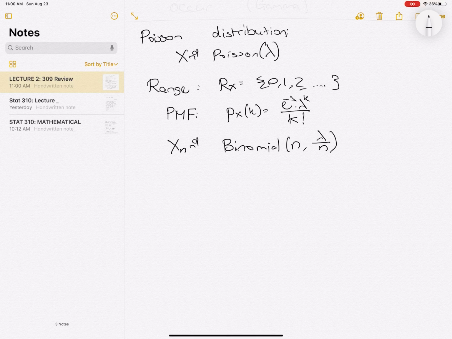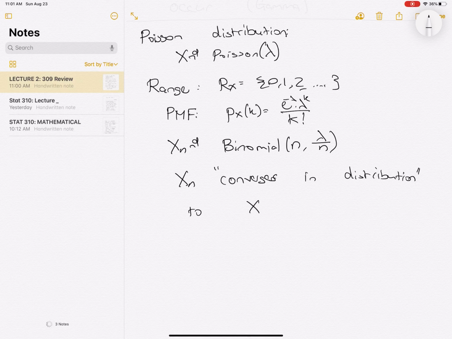You assume that n is getting very big, and you can actually show that X_n converges in distribution to X. This is a term we haven't defined, but was covered in 309, and we will go through it in the next lecture.